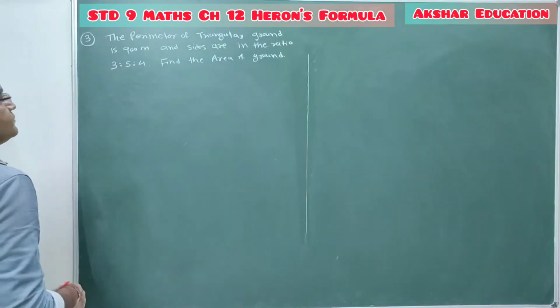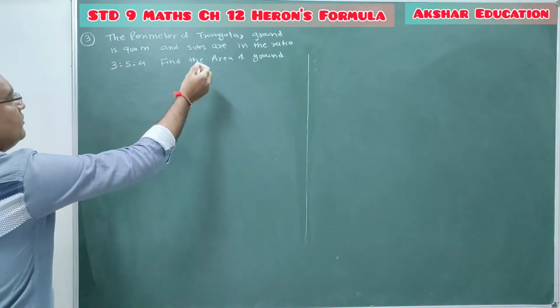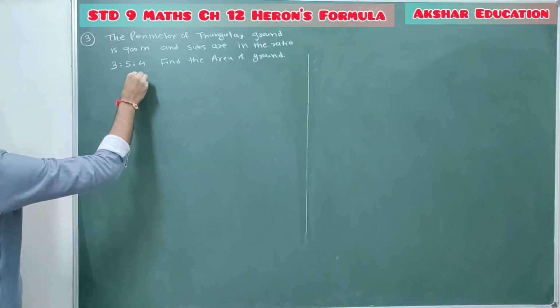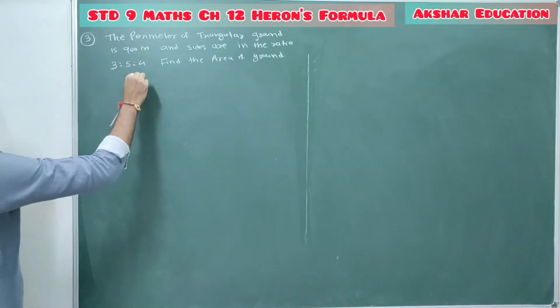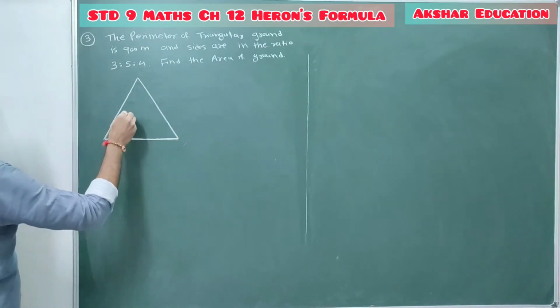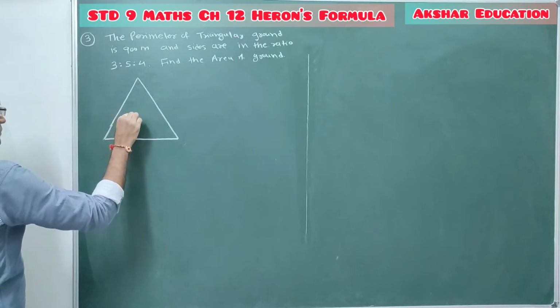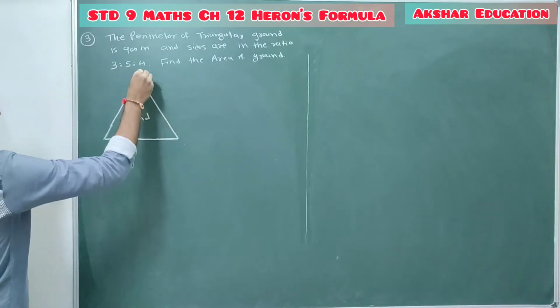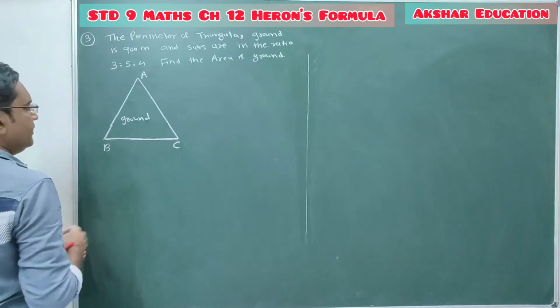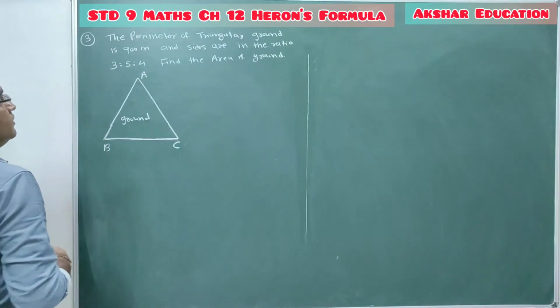Question number 3. The perimeter of a triangular ground is 900 meter. So triangular ground is there. This is our triangular ground. Let it be triangle ABC.